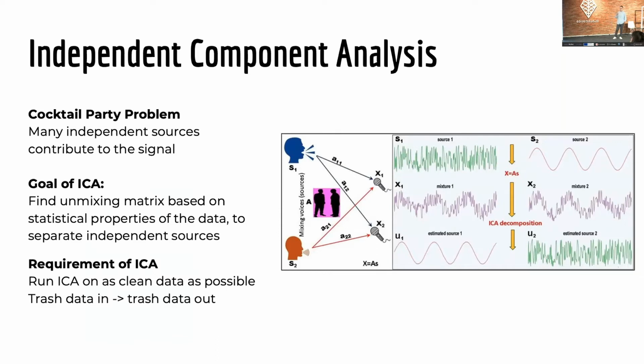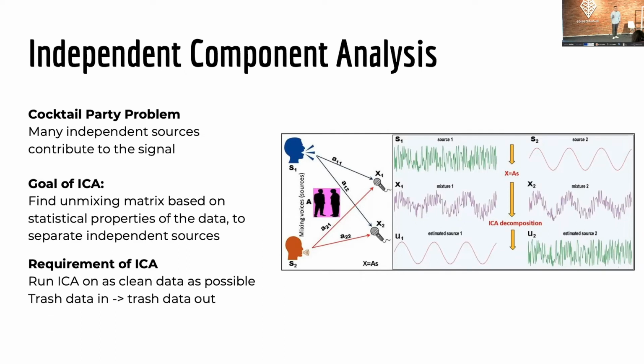You are trying to hear your friend or colleague talking, and how you could do that is you put several microphones, but not one, because ICA wouldn't run when you have only one recording device. So you need several recording devices, and you feed this data into ICA, and it learns the unmixing matrix and unmixes the data into independent sources. It finds the unmixing matrix based on statistical properties of the data.